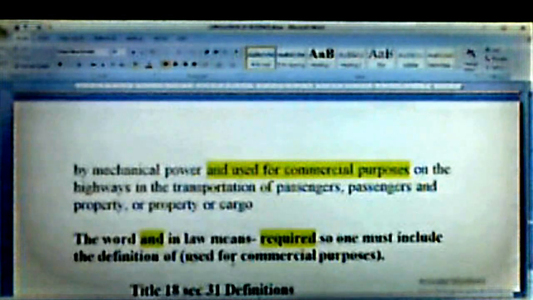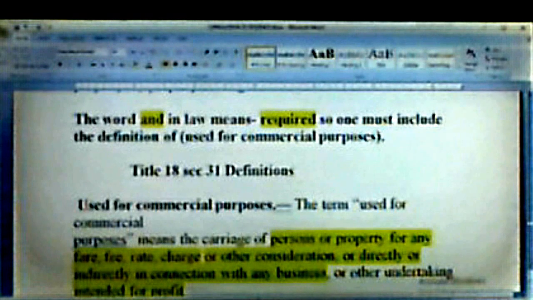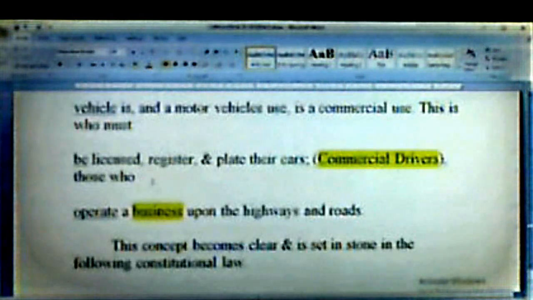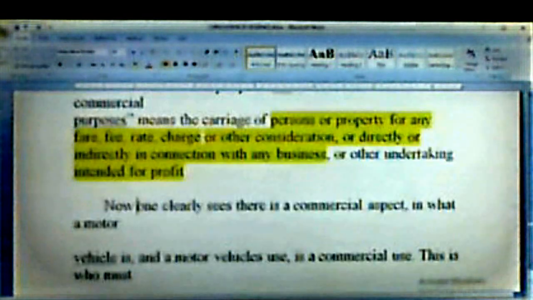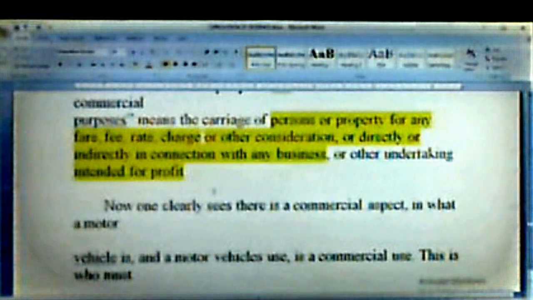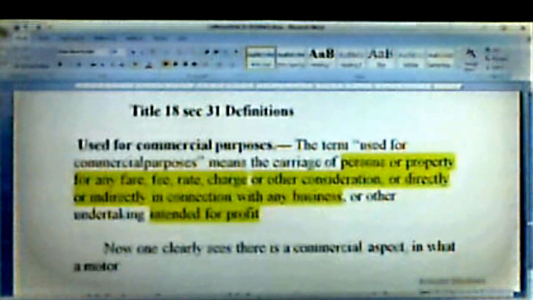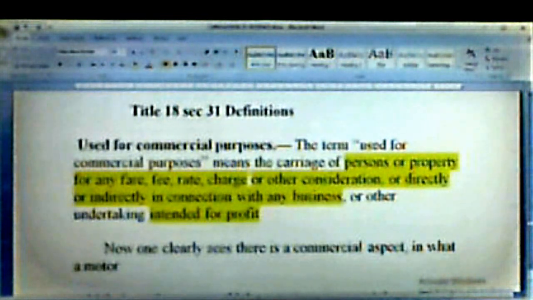And what did we figure out earlier as to what a motor vehicle was? Remember, guys? It was any vehicle that's used with the intent of profit.